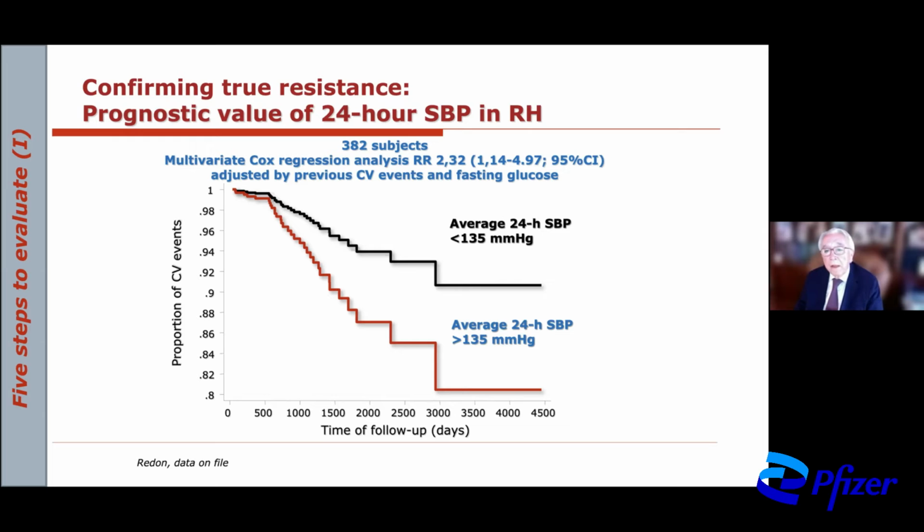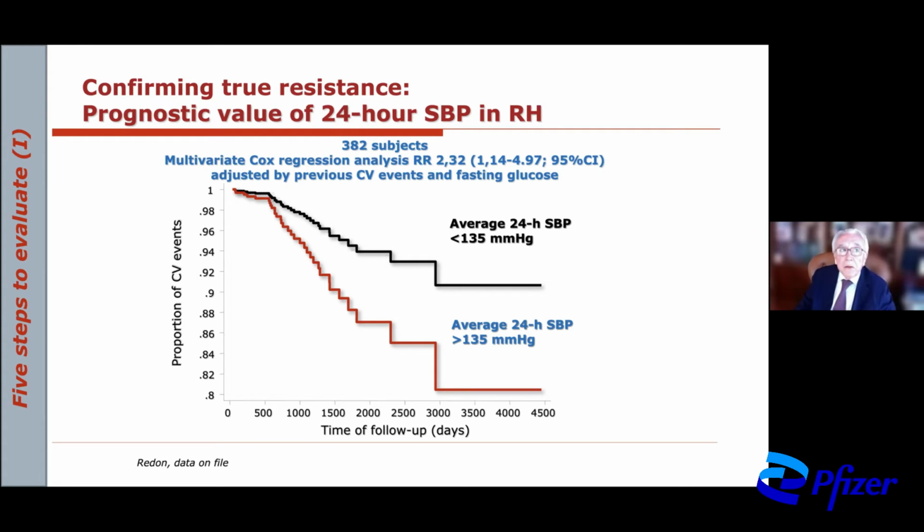In other words, it's important not only to assess at the time of the diagnosis, we also need to control and see what happened during the follow-up using out-of-office blood pressure.